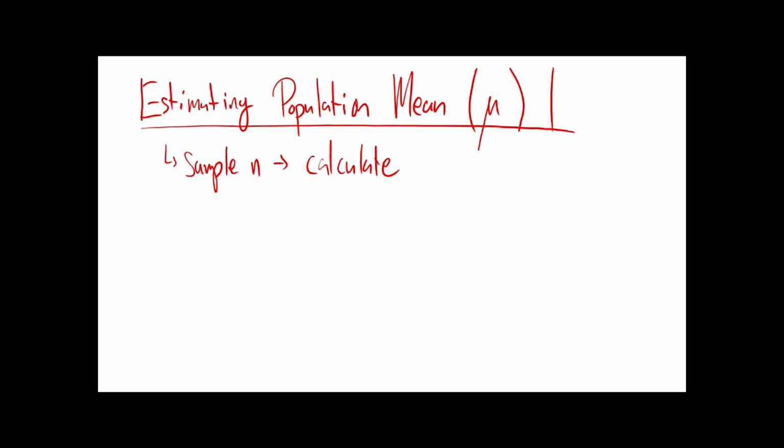So we got a whole bunch of numbers. I want to estimate the mean, so I'd probably calculate the sample mean. Call it X bar, right? This is really analogous to what we already talked about with proportions, because if I go get a sample and I calculate a sample mean, is that sample mean actually equal to the population mean?